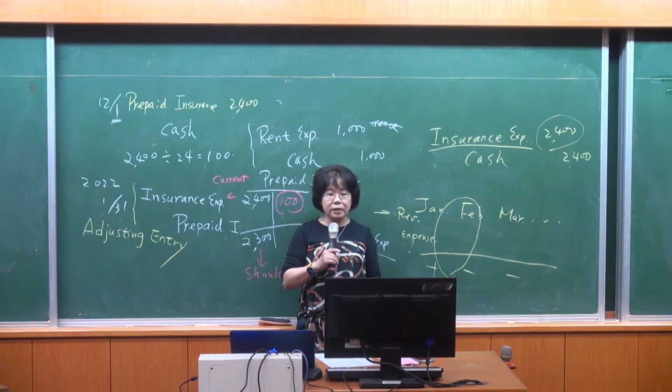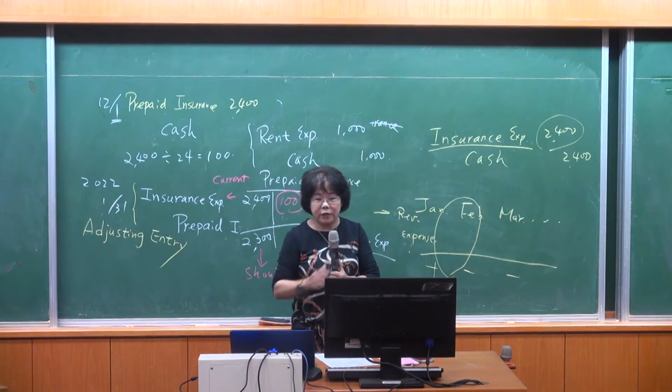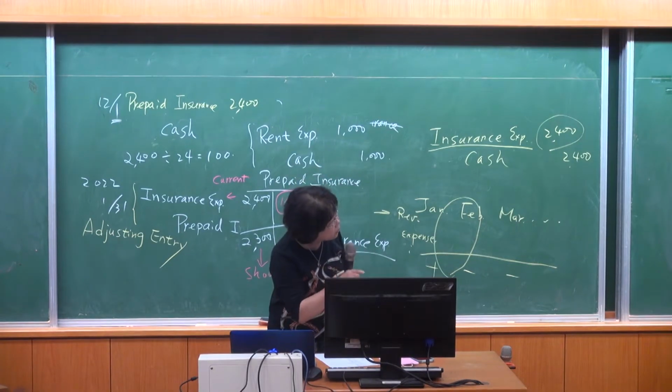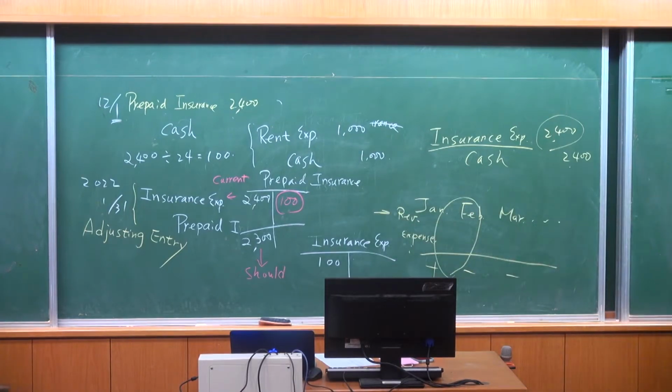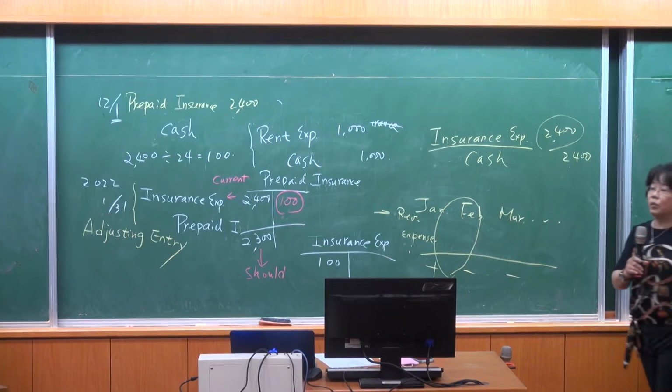It reflects a transaction or event that is not yet recorded. And if I use a purple color, every time I color with purple, it means it's the most important thing.